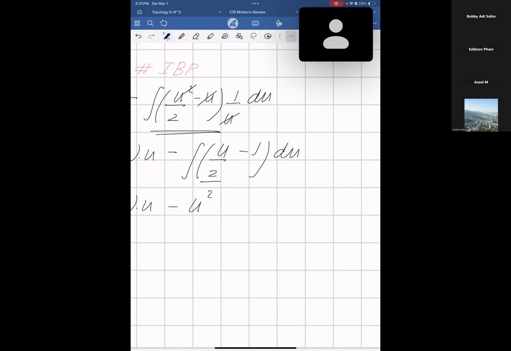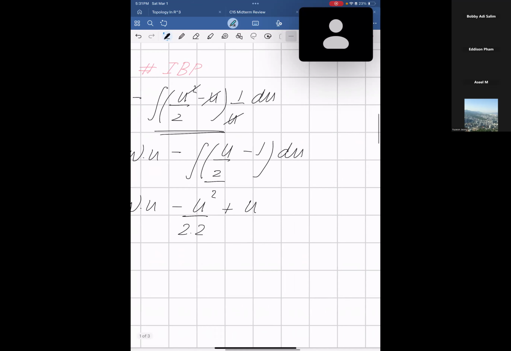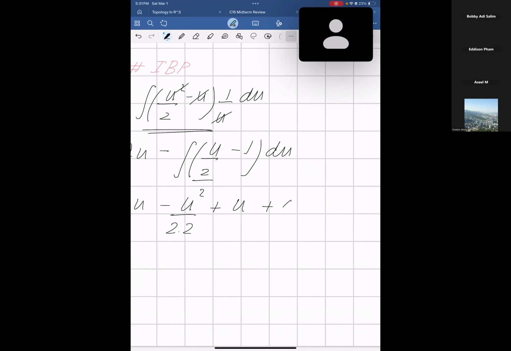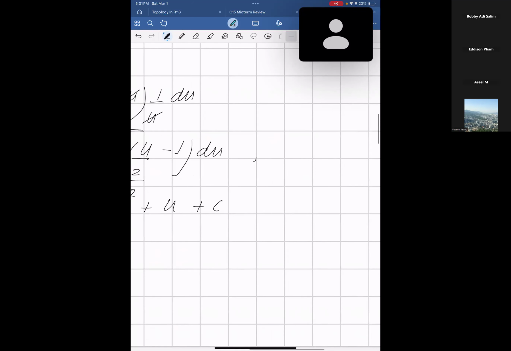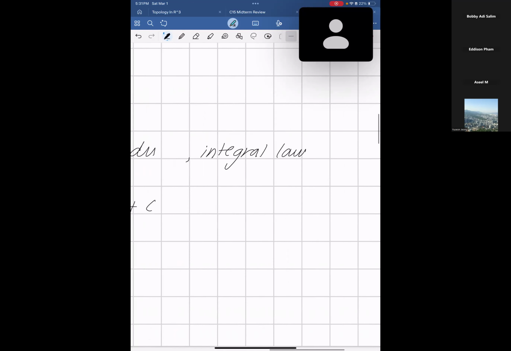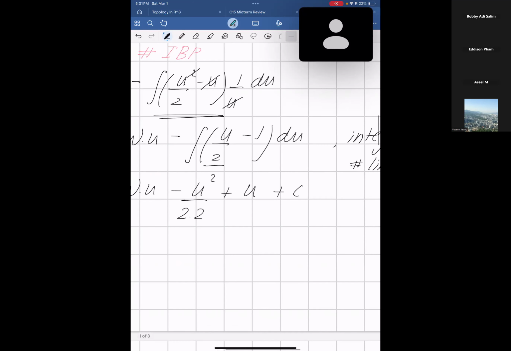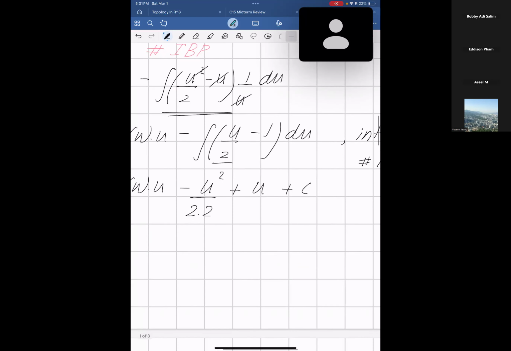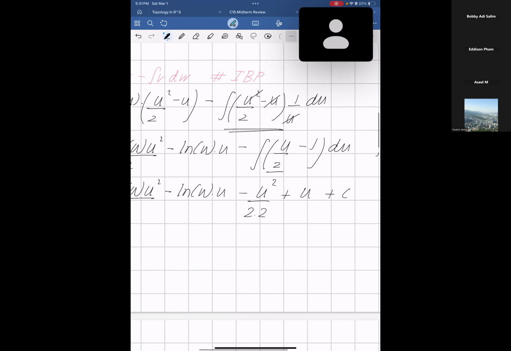So this would be u squared over 4, because it's 2 times 2 in the denominator, plus the constant integrates to u, and then you can add the plus c. I used linearity of integration here for being able to split these two terms and for considering the constant on its own.